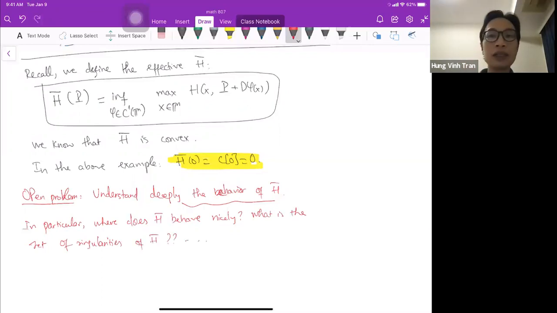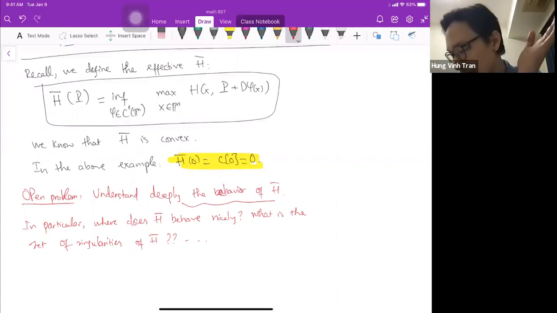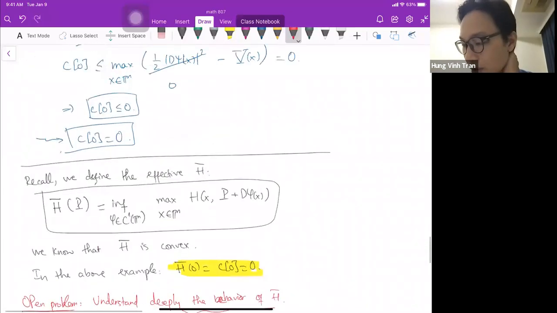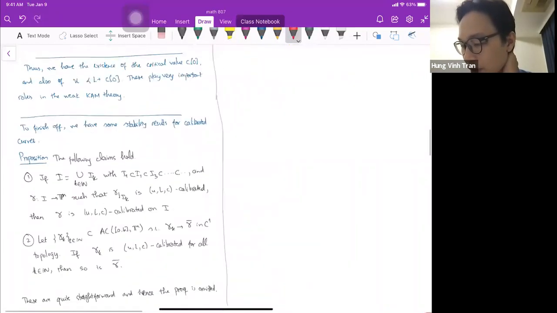All of those are really important, and up to this moment, even in 2D, there's not a lot of understanding of H bar. We have better understanding in 2D. In 3D and higher it is really complicated, and this is an extremely important problem because it connects to a lot of fields, from PDE and dynamical systems, and this function is also related to first passage percolation in probability theory. It's something extremely hard to understand. So that's the thing I wanted to discuss more.